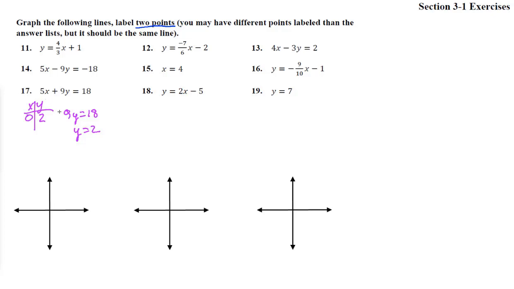And then, I don't know, let's stick a 5 in there. Let's see what happens there. We stick 5 in there, we get 5 times 5 is 25 plus 9y equals 18. Subtract 25 and we get 9y equals -7. Divide by 9, we get y equals a -7/9. Ooh, yuck. That's a little fraction.